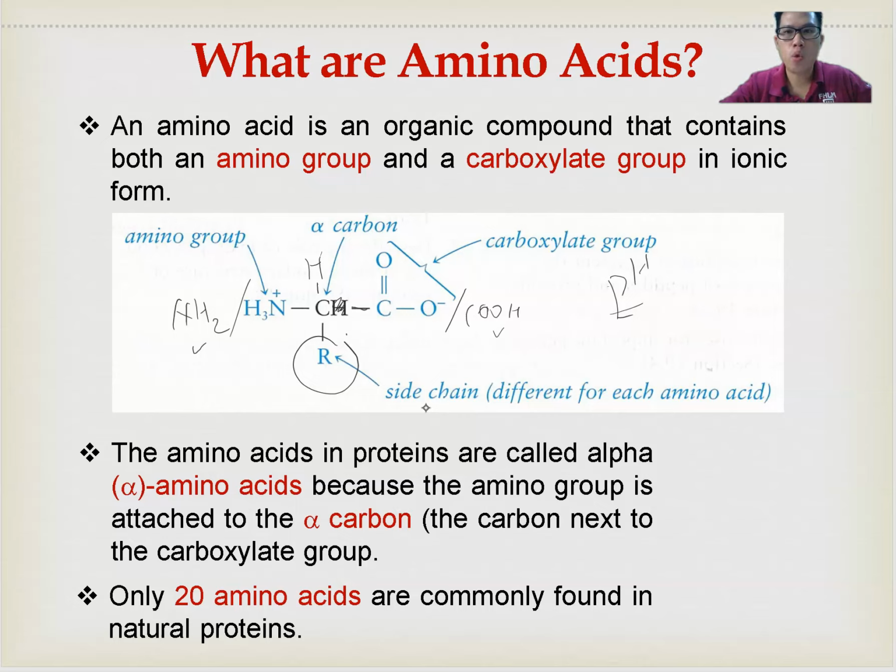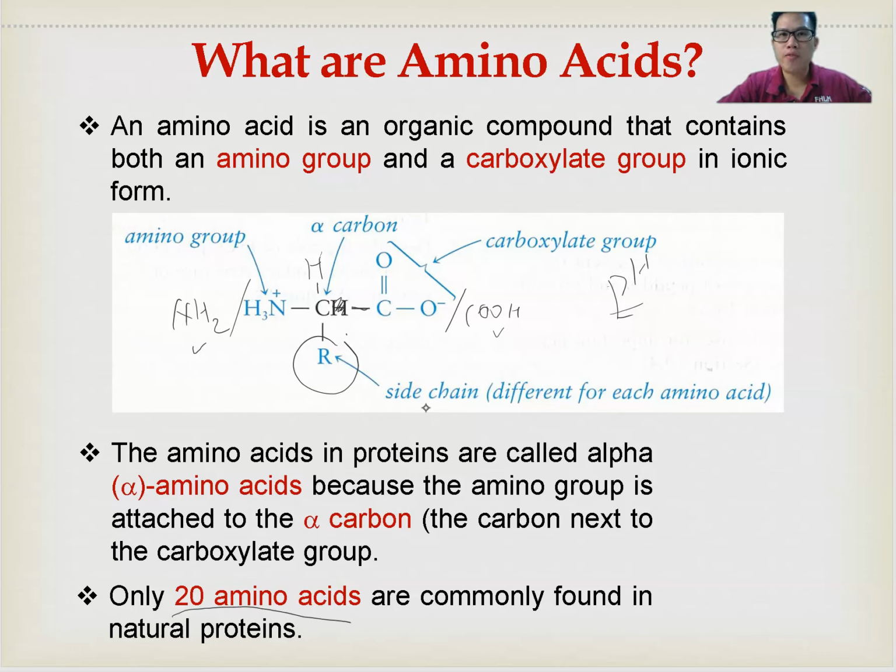The R group is the only one that is different between the 20 amino acids. The R group is the difference between them. The other three groups over here are all the same.